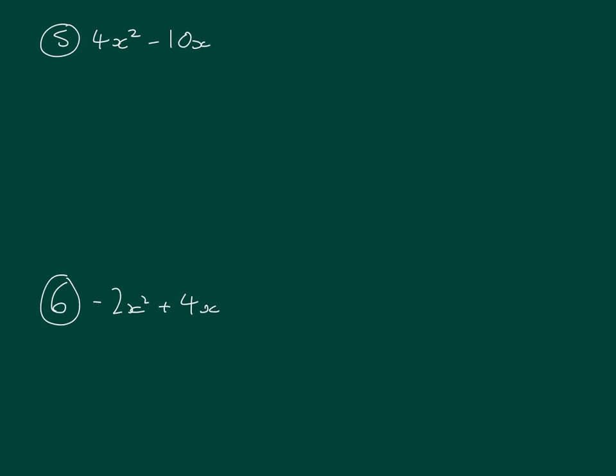So if I take out the 4, I'm going to have the square bracket, so we'll have x plus minus 10 over 4, which simplifies to 5 over 2 x, so that's x squared.